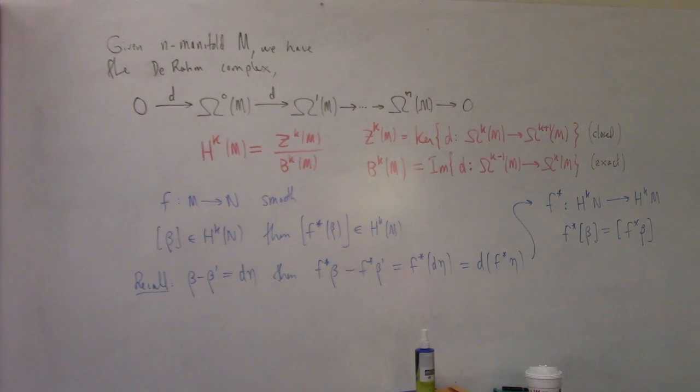Beta and beta prime are different representatives of the same cohomology class. And this calculation right here shows you that they both map to the same class modulo a coboundary, as it's known, I suppose. Consequently, that map is well defined. Yeah. All right.